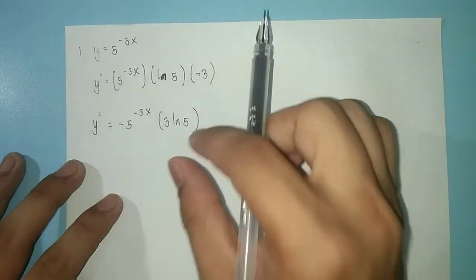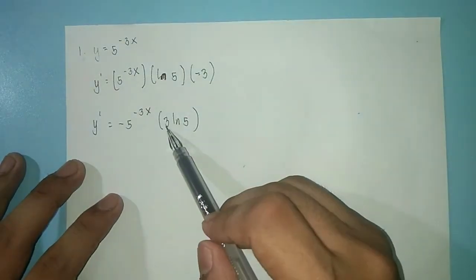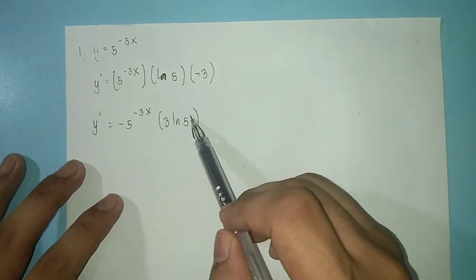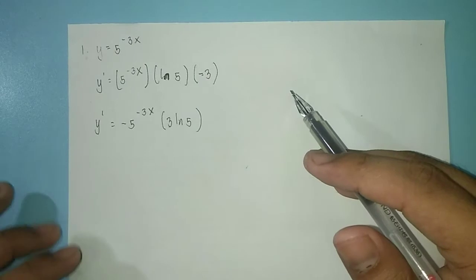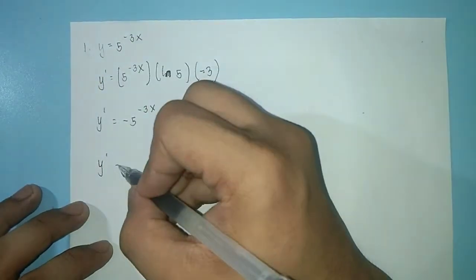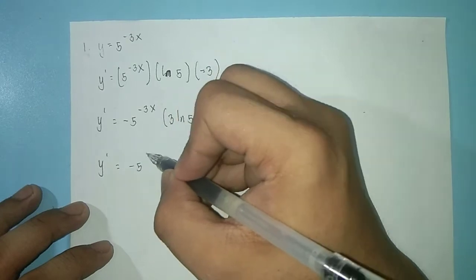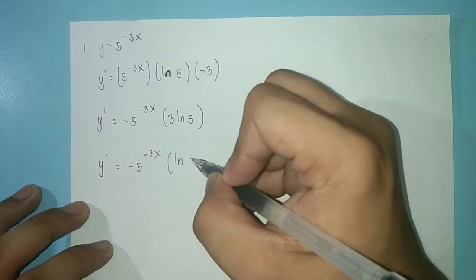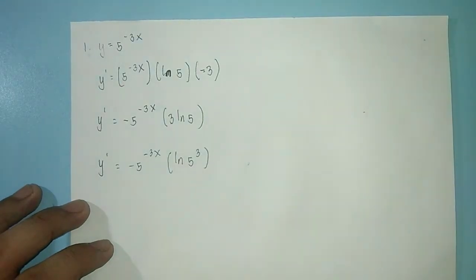Okay? So, kapag ganyan, itataas natin tong 3 dito. Ilalagay natin siya, magiging exponential ng 5 para ma-simplify natin. Okay? So, magiging y prime equals negative 5 raised to negative 3x ln 5 raised to 3.